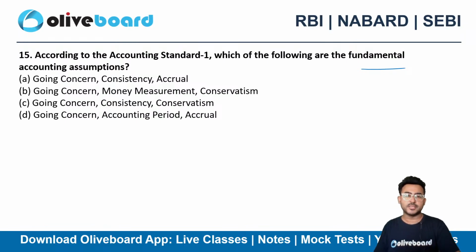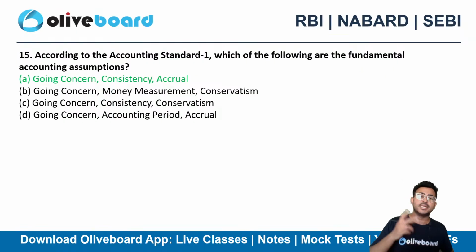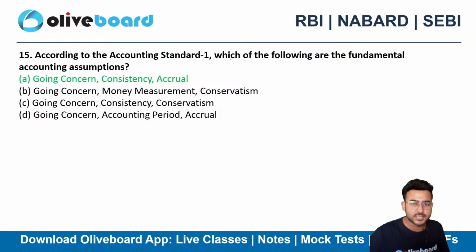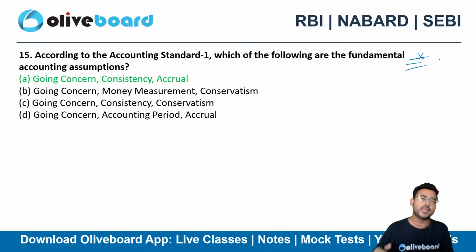Yes, the correct choice here is option A: going concern, consistency and accrual. So as per accounting standard 1, the fundamental accounting assumptions are going concern, consistency and accrual. Please remember this question, it is very important. Whether you are giving the EPFO examination, PFRDA, SEBI or RBI examination, this is very important.